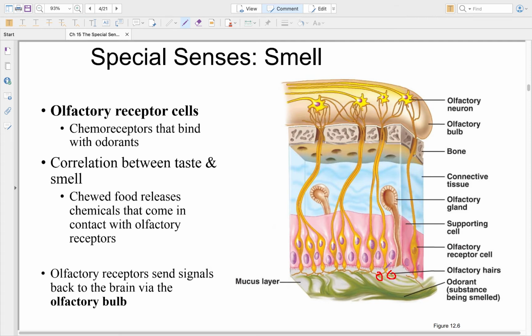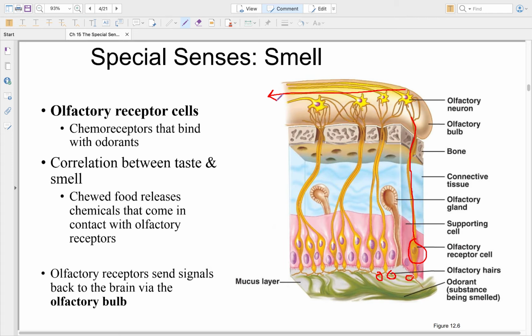Okay, and those olfactory hairs connect to the olfactory receptor, which of course then connects all the way up to the bulb and then to the olfactory neuron and sends the signal to the brain.